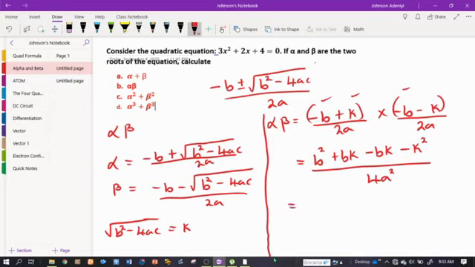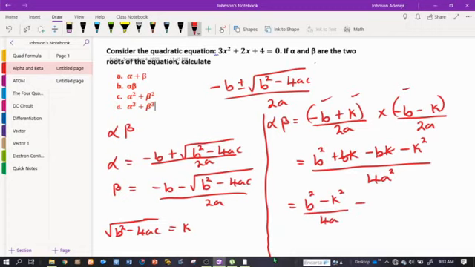We notice that these two will go away, they will subtract each other. So this will be b square minus k square divided by 4a squared.